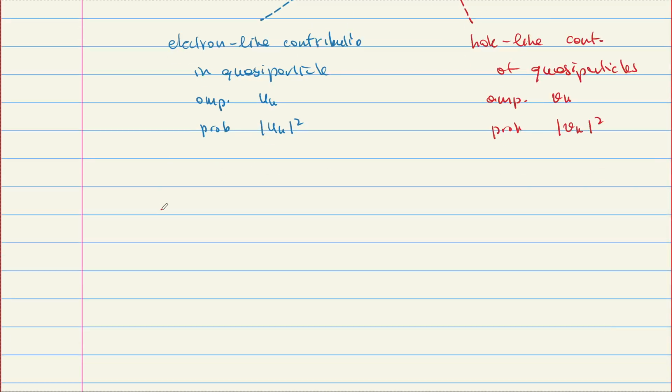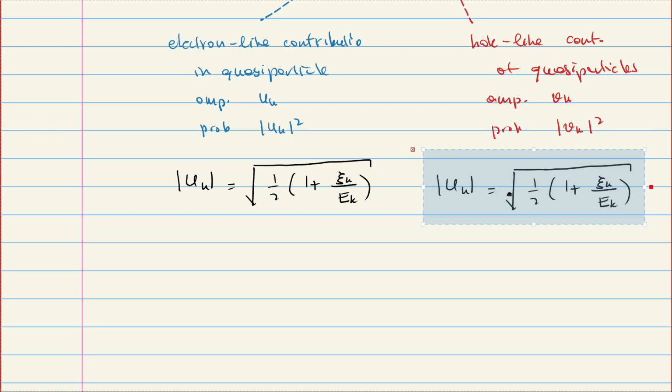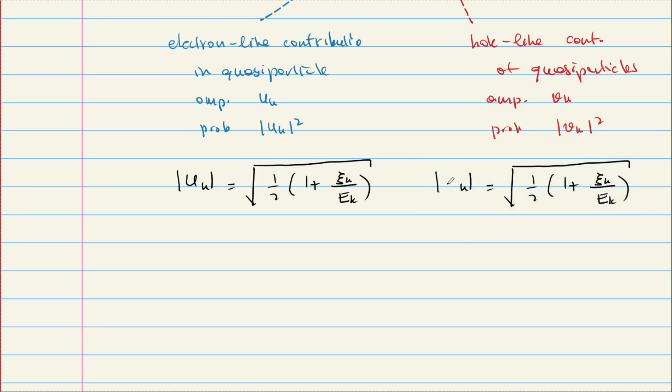And if you remember these nice expressions we derived, U_k was equal to the absolute value of 1 minus, I think this one plus, psi of k divided by E of k, and V_k was defined with the minus.